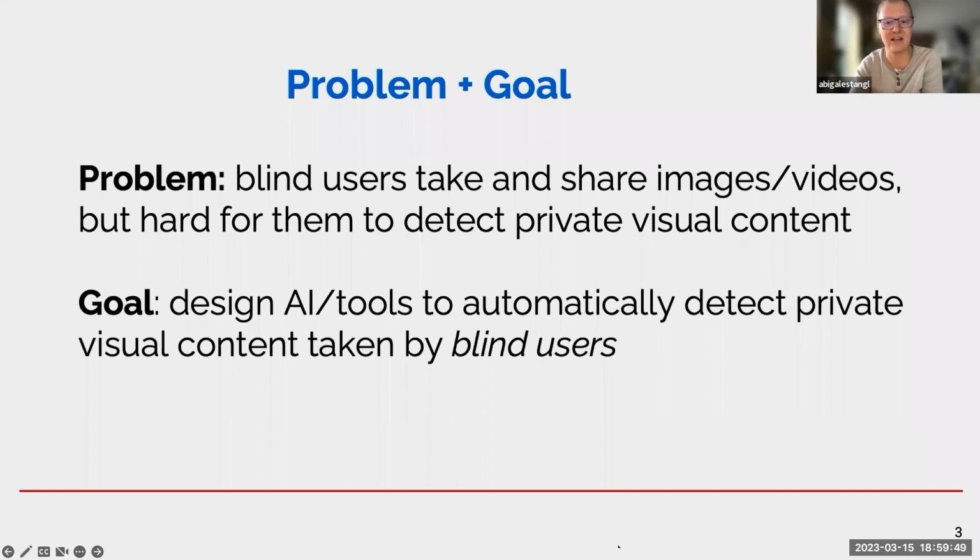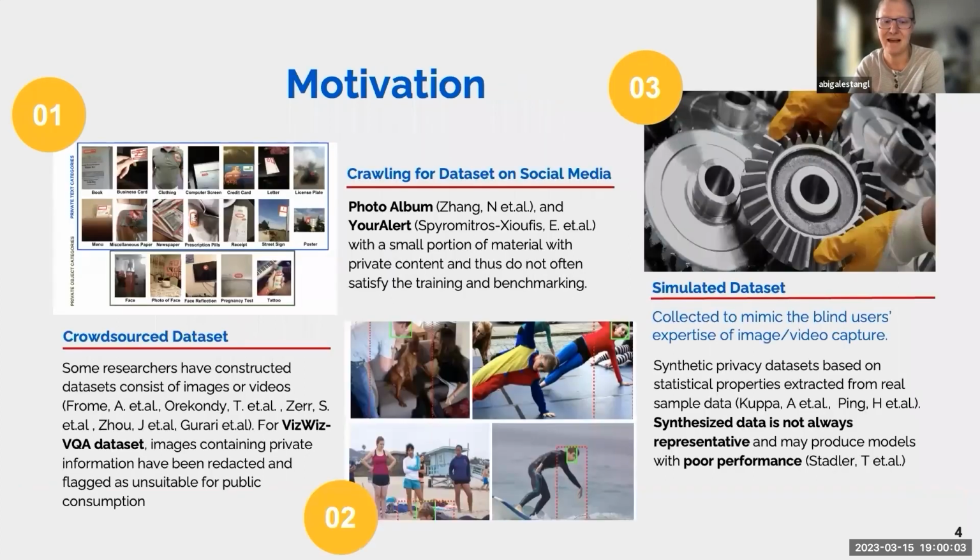To address this challenge, we considered the resources needed to train systems to automatically detect private visual content in these images. Everly, will you provide additional details on the limitations of the existing dataset for our purposes?